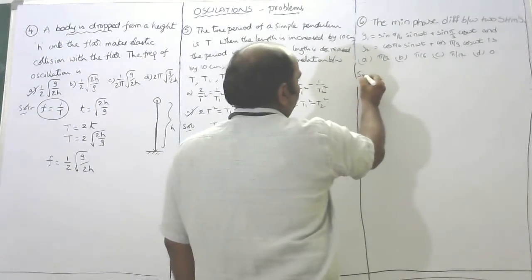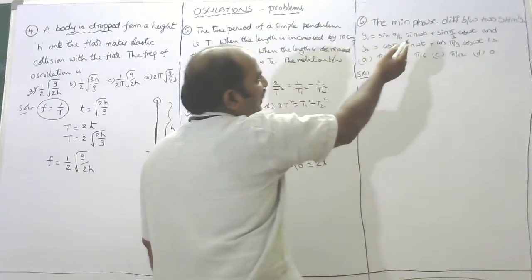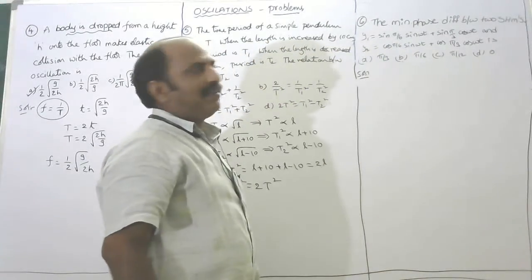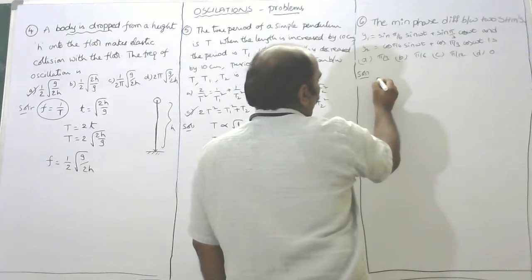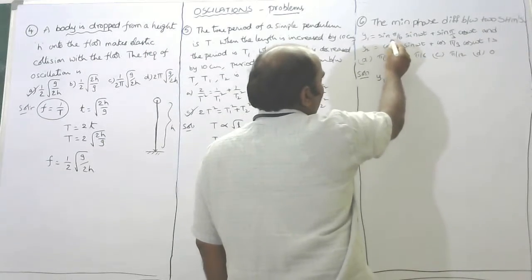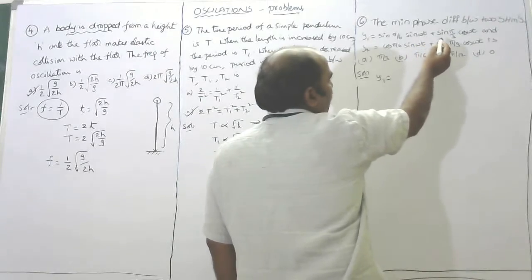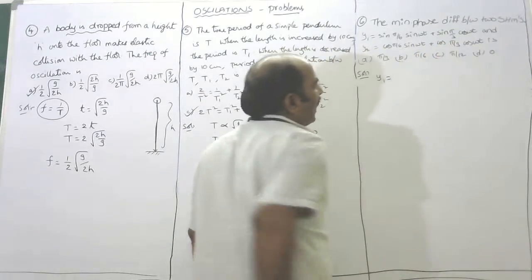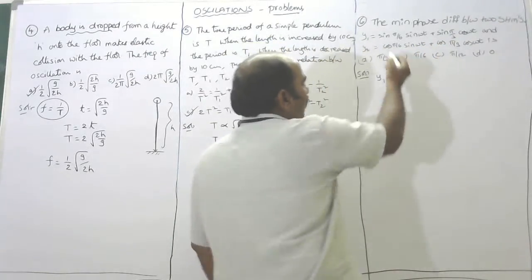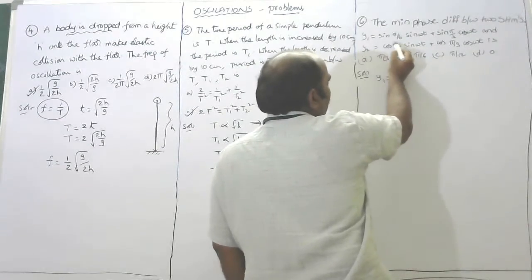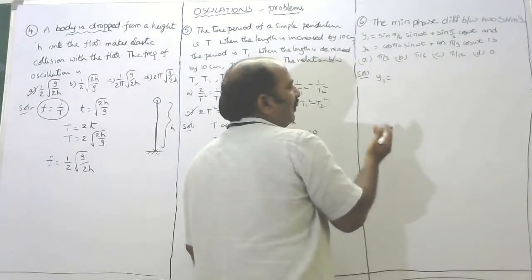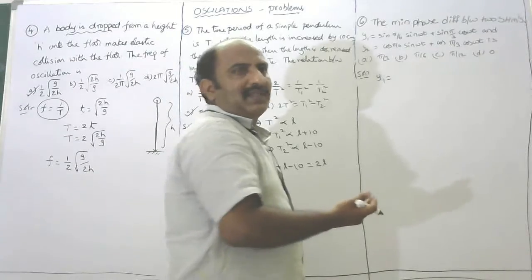See another one. The minimum phase difference between two SHM equations. First one is y1 is equal to sin pi by 6 into sin omega t plus sin pi by 3 into cos omega t. First we write this sin pi by 6 value in terms of cosine terms.